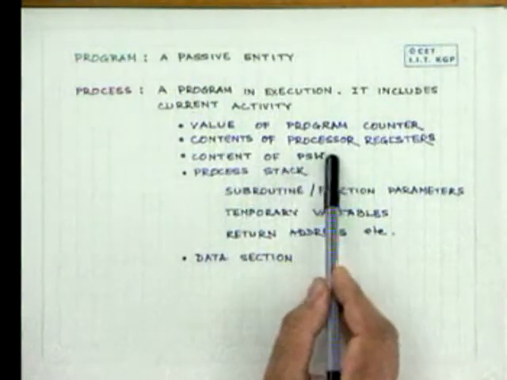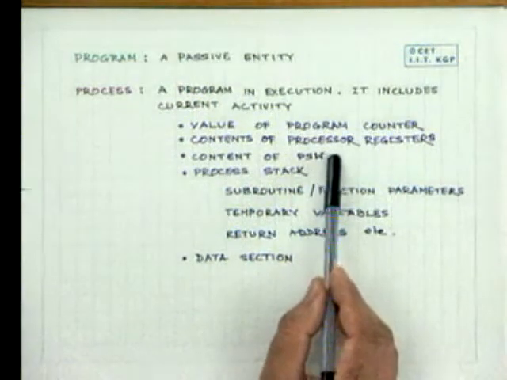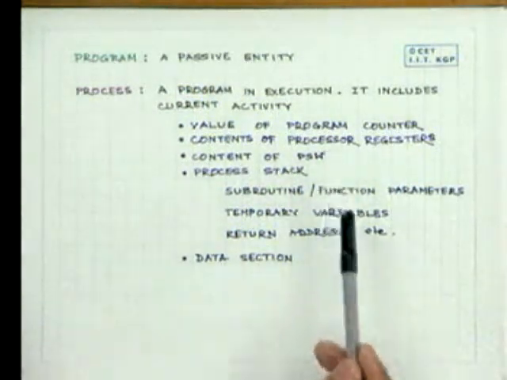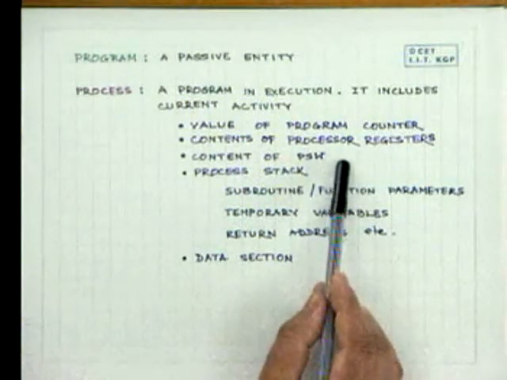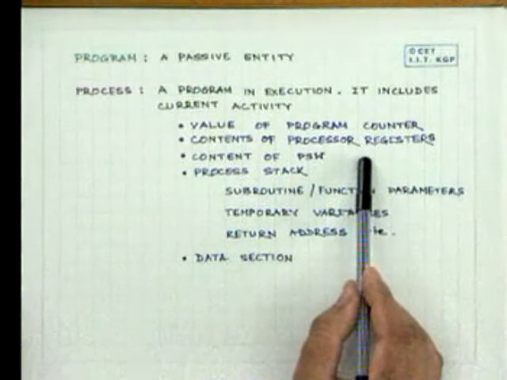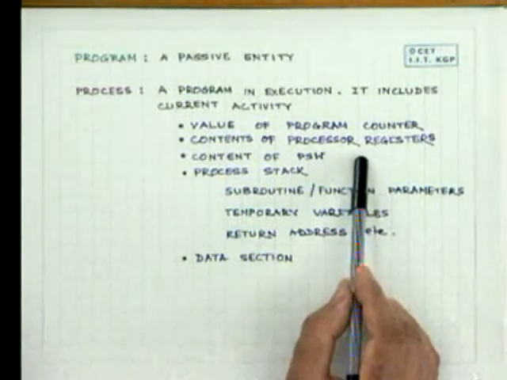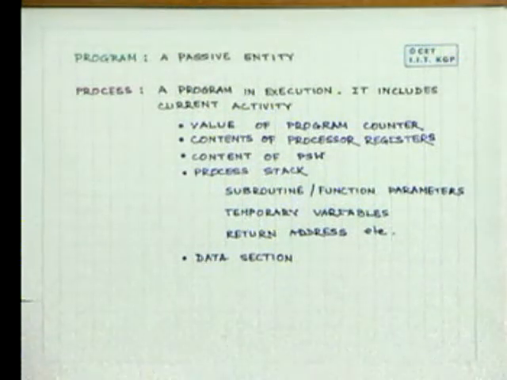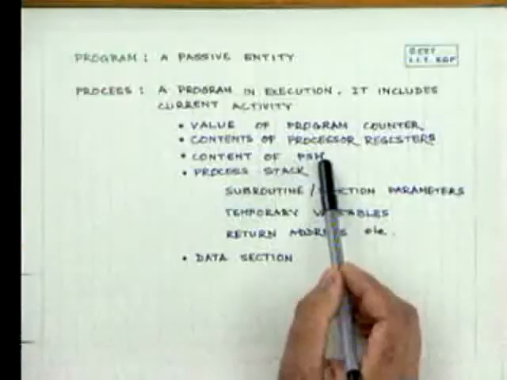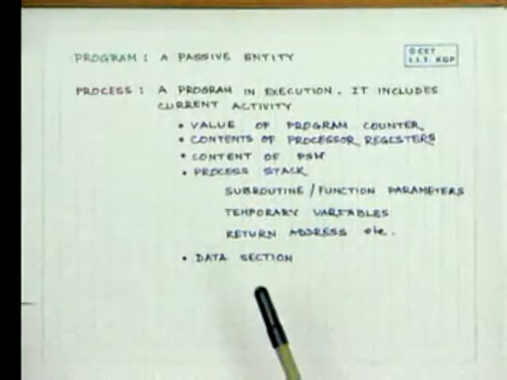The content of the processor status word, which we described in our previous lecture, keeps track of all the condition codes, the interrupt mask, that is, whether the system is enabled for interrupt and can accept interrupt or not. All this information, for example whether it is in user mode or supervisor mode, taken together we call the processor status word, and that is also a part of the process.